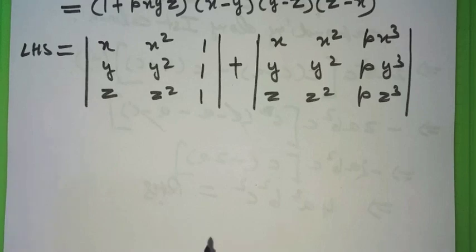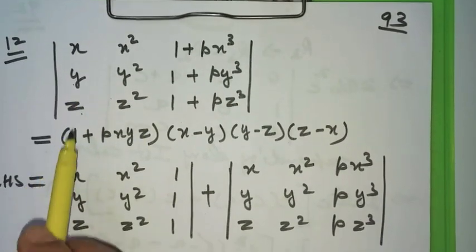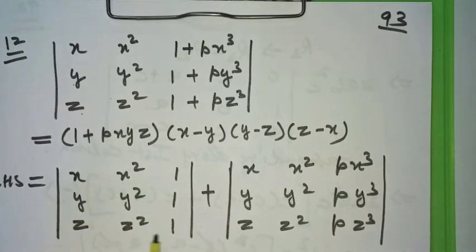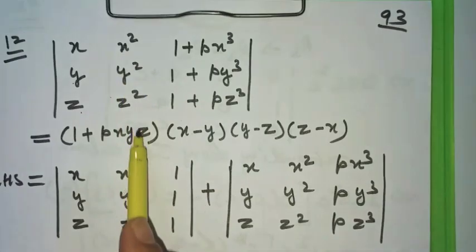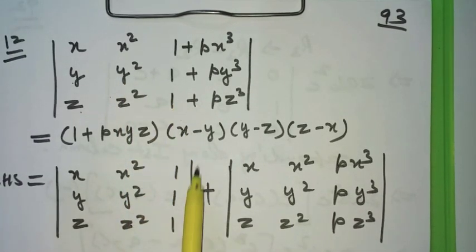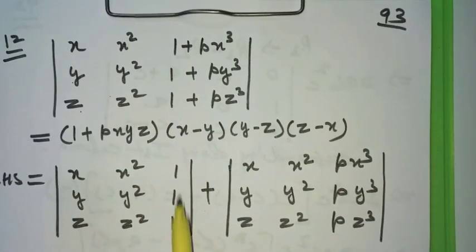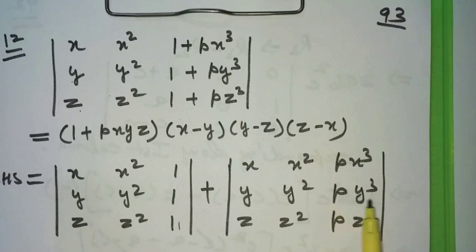So I get, you can see, first two columns are same in both these determinants, x, y, z, x square, y square, z square, but the third column has been split into two parts. In the first determinant, the third column is 1, 1, 1, and in the second determinant, this is px cube, py cube, pz cube.